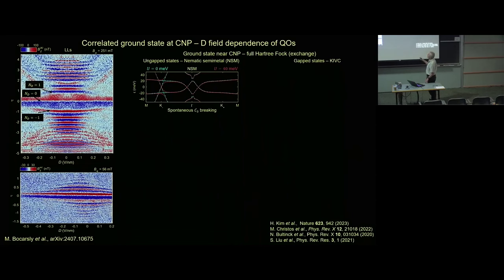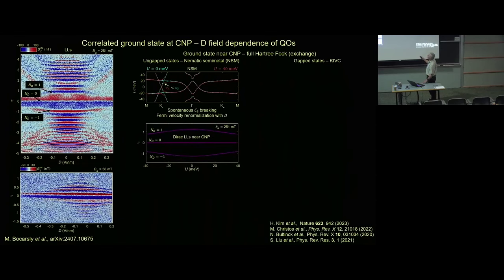So nothing happens at charge neutrality, which means that the 0th Landau level should remain at charge neutrality, exactly as we see. But also, the Fermi velocity is renormalized. It is lowered below the hybridization energy. So we expect the Landau levels here to bend downwards, while the Landau levels above are actually pushed upwards. This is exactly what we observe.